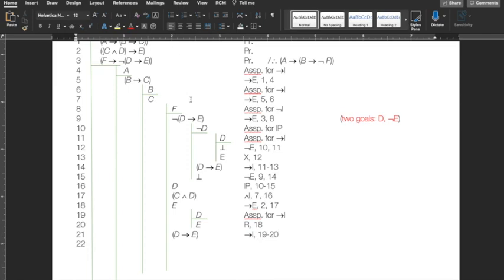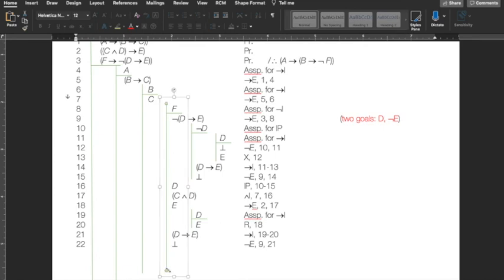And that contradicts line 9. So I've got a contradiction. We can introduce a contradiction by negation elimination, lines 9 and 21. And that was my goal all along.